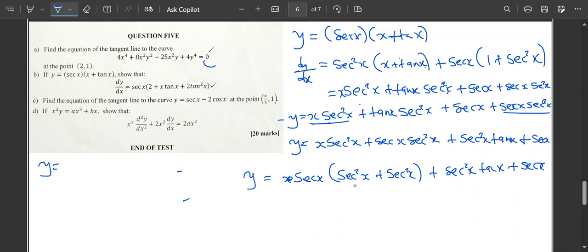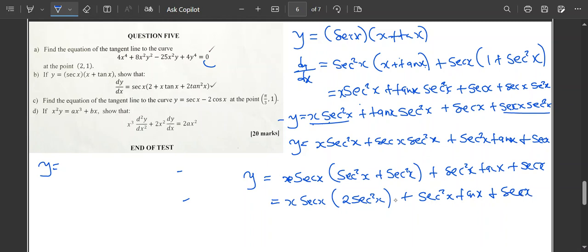Now I can add up to this, so this can be, remember there's x there, so I'll say x sec x, open bracket, then 2 sec squared x, then plus sec squared x, then tan x plus sec x.